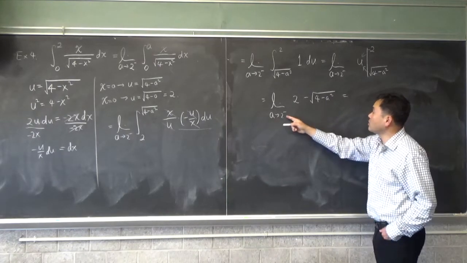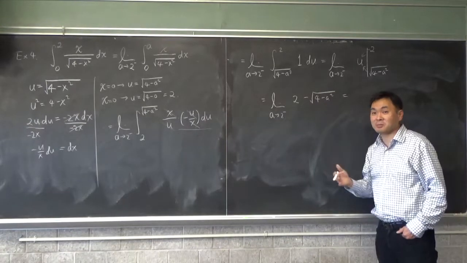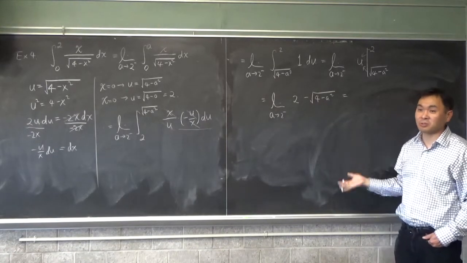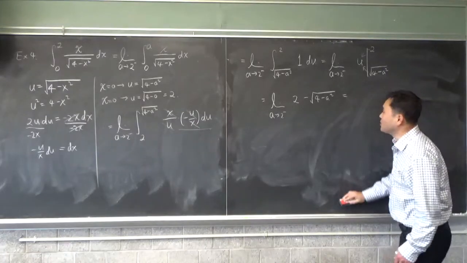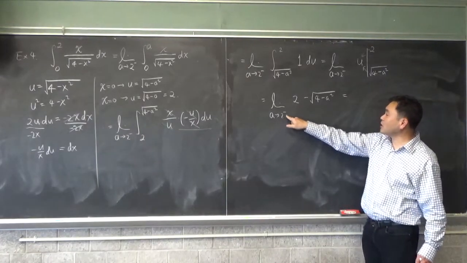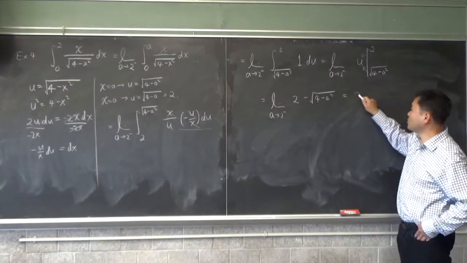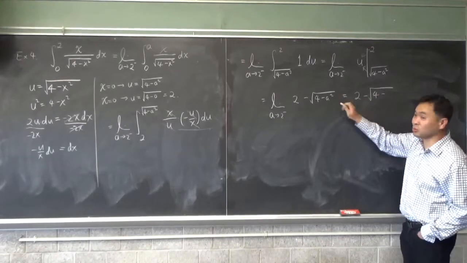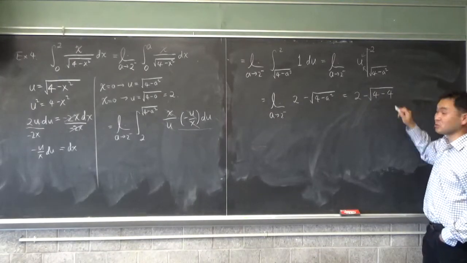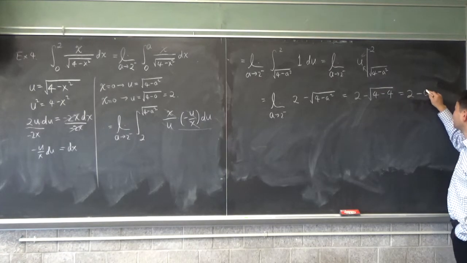And then there's nothing stopping me from plugging this in. This time there's no L'Hopital's or anything to do. You just plug it in and that's the value. So when 2 minus plugs into a, what happens? 2 minus square root of 4 minus 2 squared, which is 4, and therefore you get 2 minus 0, which is 2.